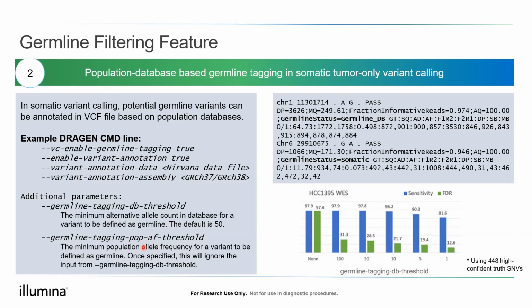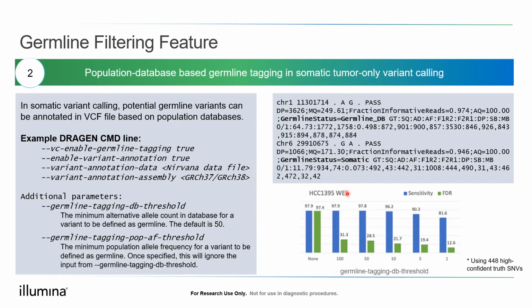But you could also base it on an AF threshold, so it could be the minimum allele frequency for a variant to be defined as germline. You can set a threshold for that. Once the database is available and enabled as part of the DRAGEN analysis for your tumor-only samples, then we will tag the variant calls as germline or not, as per the database and the settings.